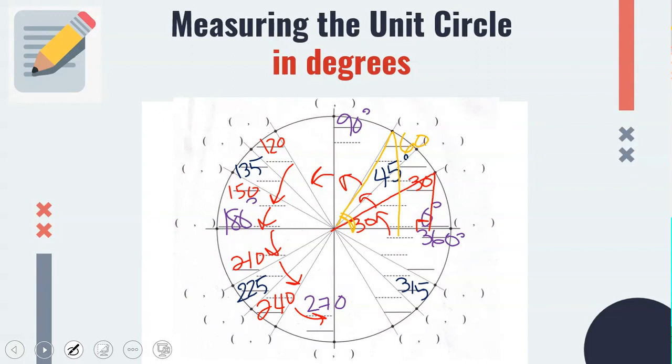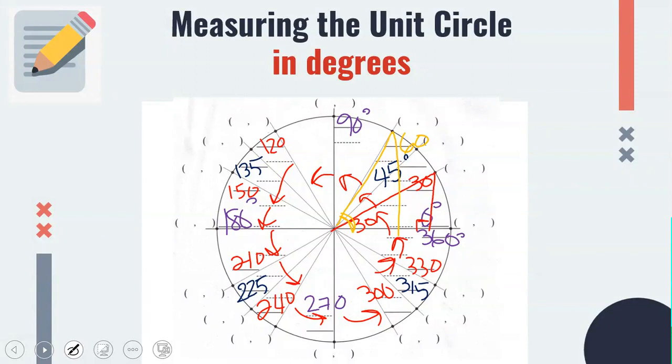And you can see we're filling in this quite quickly. 270 plus 30 is going to give us 300. Right here, 300 plus 30 gives us 330. And 330 plus 30 gives us 360.